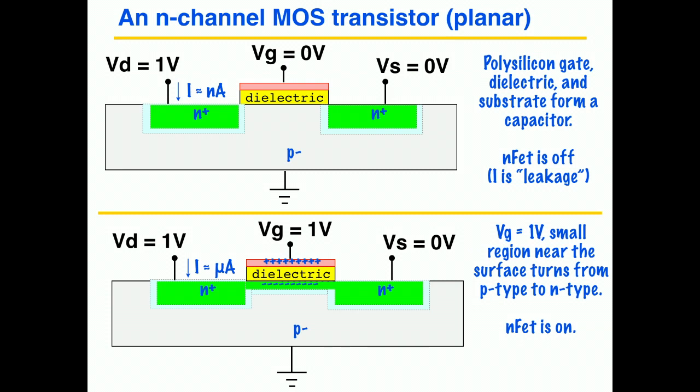So the N transistor, or the NFET, NMOS transistor, is turned on at that point because there's a path for the current to flow from this high voltage here to the low voltage here. Okay. And we'll talk later today in a little more detail about the nature of that current.